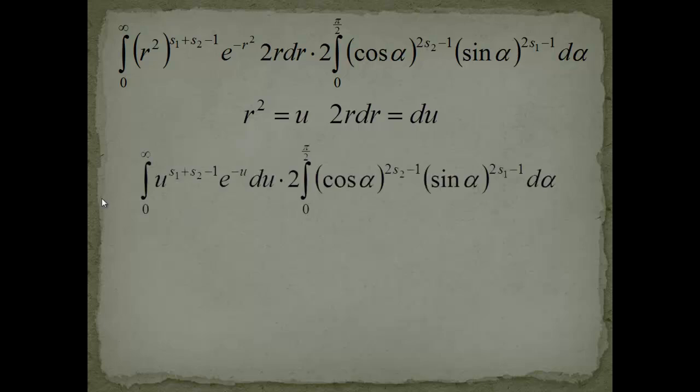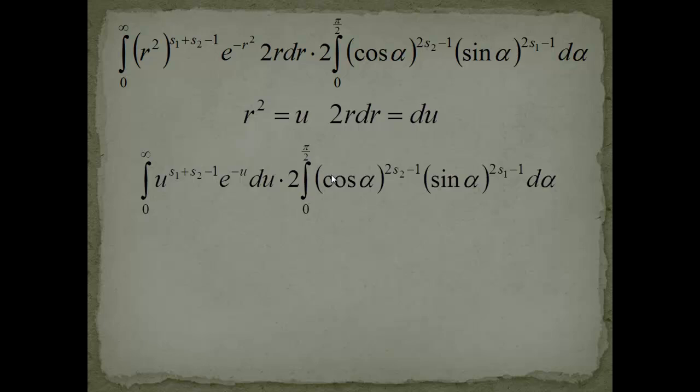So what we get is the integral from 0 to infinity of u to the s1 plus s2 minus 1, e to the minus u, because r squared is equal to u. And this term here, now you see why I took the 2 into here, because it's nice. We have 2r dr, which is actually, sorry, du.